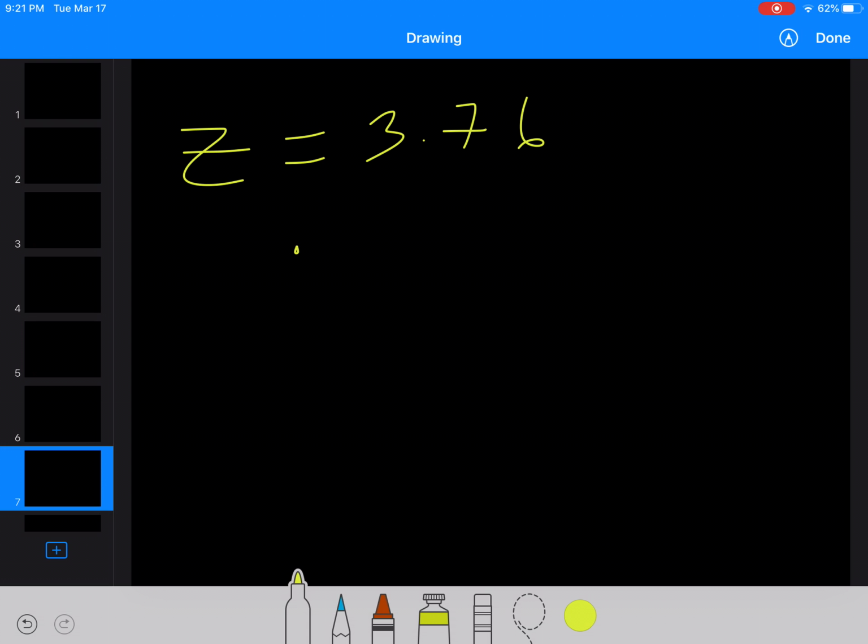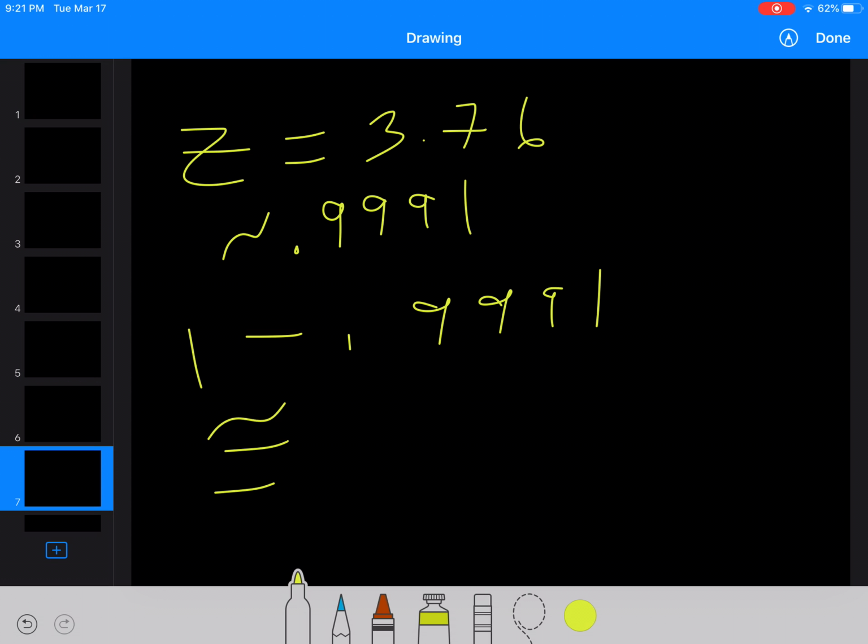It's going to be 0.9991 approximately. So we're going to do 1 minus that area, which is approximately going to give us 0.0001, which is definitely smaller than alpha.